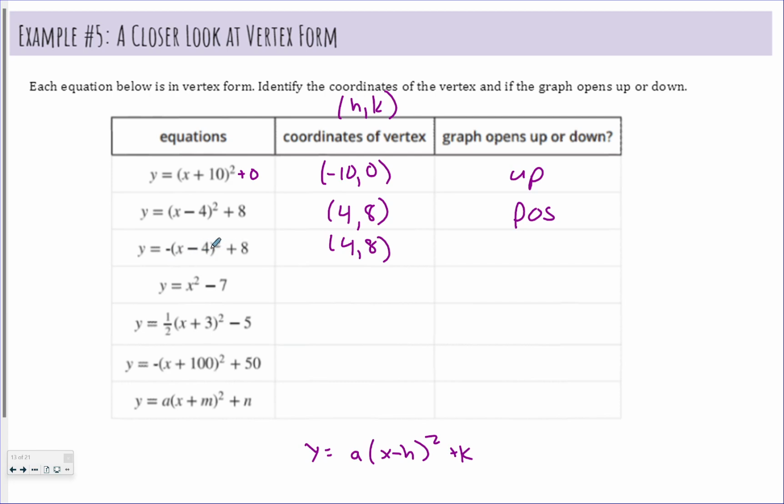Those rules do not change even when there's a negative out here. So those rules are constant. All that the negative does is it takes the parabola and flips it. So this parabola opens down.